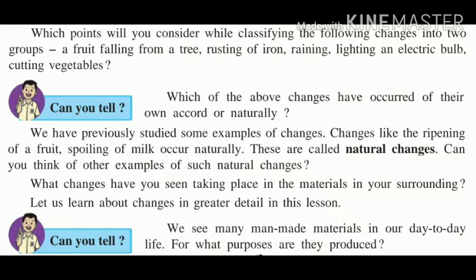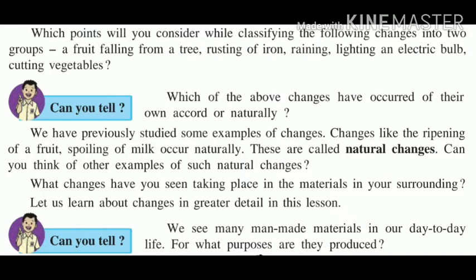Here we have already seen examples like ripening of fruit and spoiling of milk. These changes are natural, but we can also say that spoiling of milk can also be harmful because it doesn't give any benefit to us.